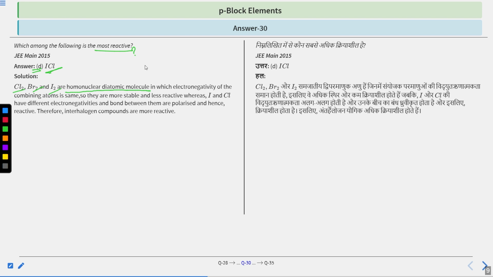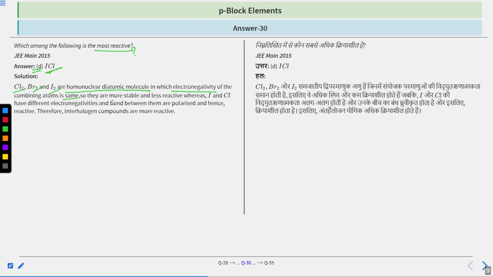Both nuclei are the same. So these three are homonuclear diatomic molecules in which the electronegativity of the combining atoms is the same. Because the atoms are the same, the electronegativity of the combining atoms is the same. So they are more stable and less reactive, right?